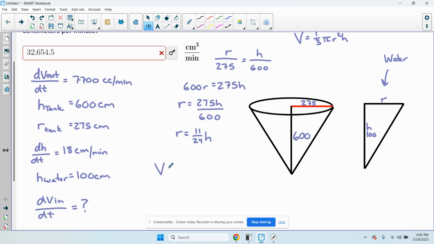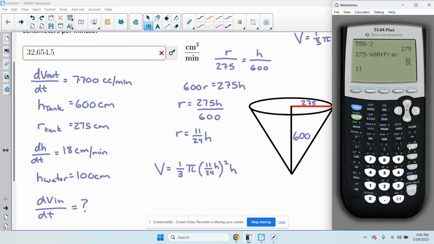So I have V equals 1/3 pi r squared. It's 11 over 24 h squared times h. So we'll do 11 over 24, and we're going to square that, times 1/3.